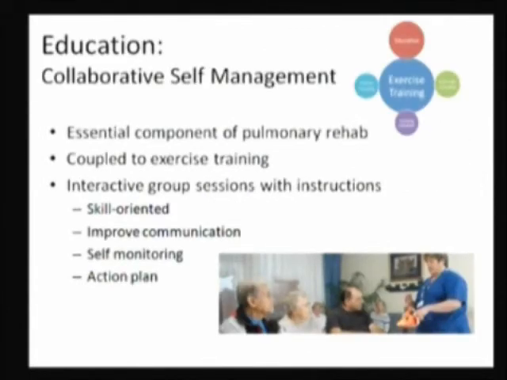I'm just going to mention two words about the educational component. It's going to be covered in more detail in a later talk, but it's also an essential component of pulmonary rehabilitation. The sessions are to be coupled with exercise training. So the patient comes, they go through an educational session, then an exercise training session. And the education component is not really just didactic.